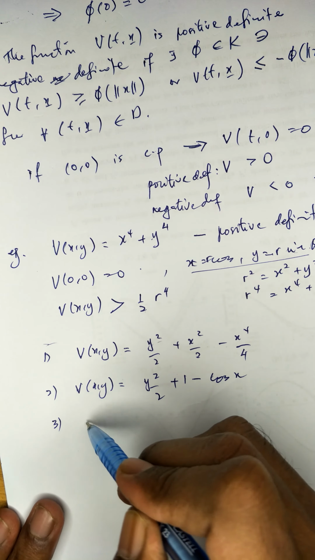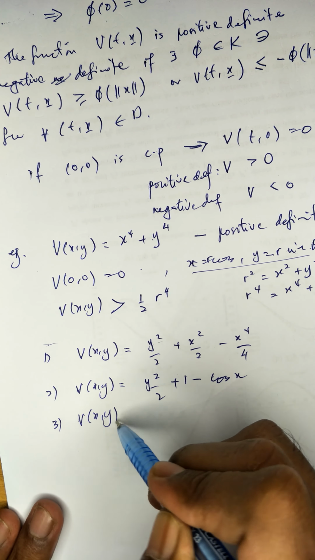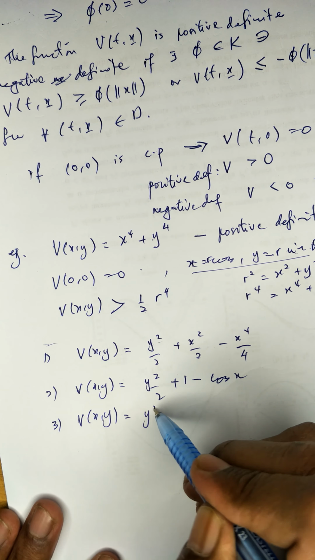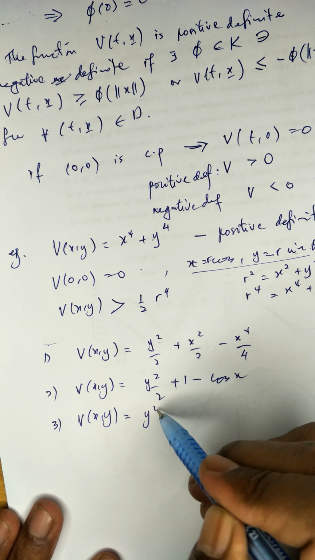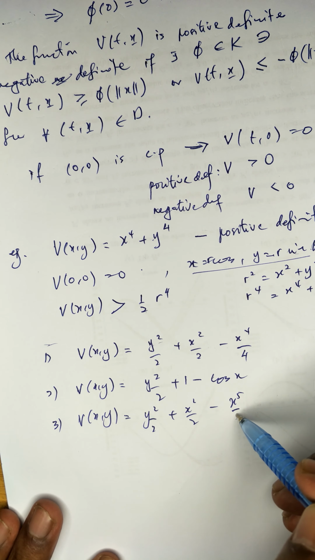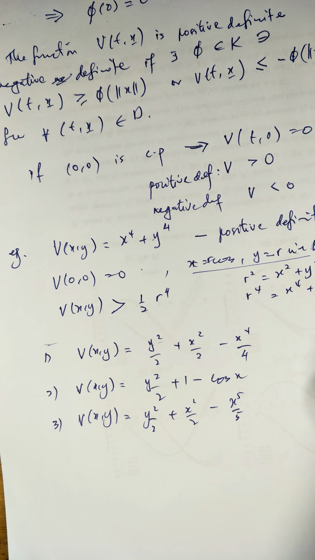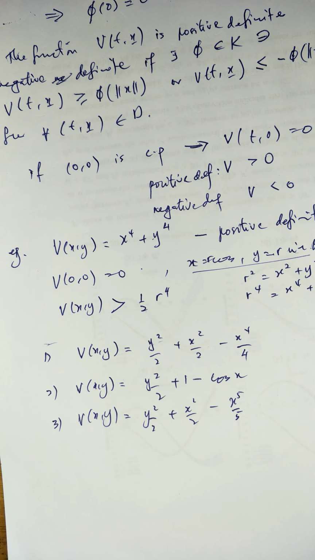Number 3: V(x, y) = y^2/2 + x^2/2 - x^5/5. Determine whether each function is positive definite, negative definite, or neither.